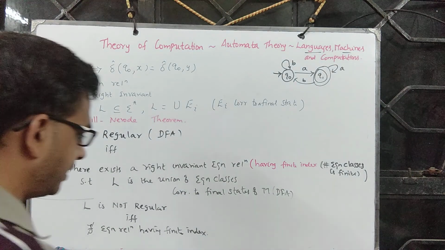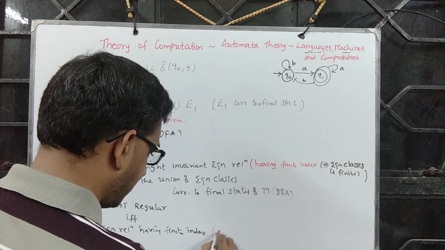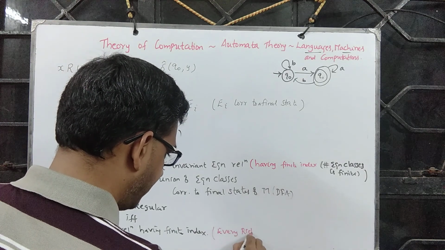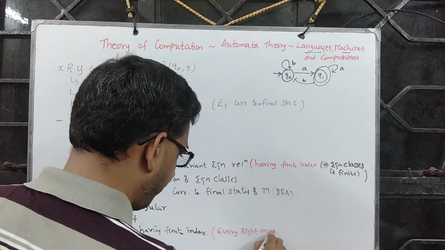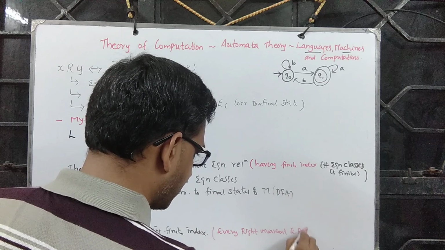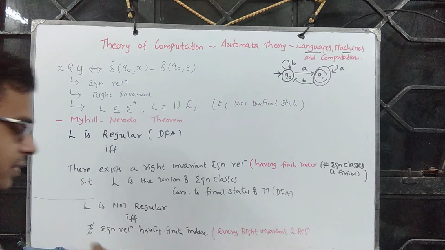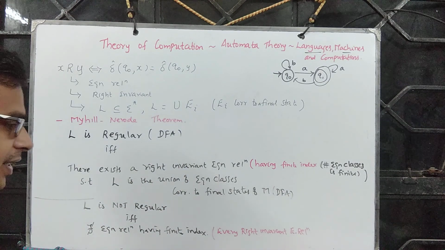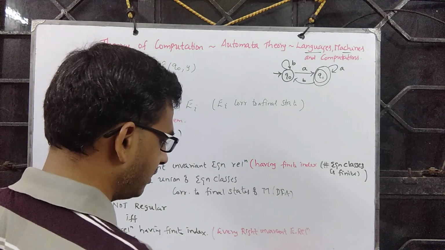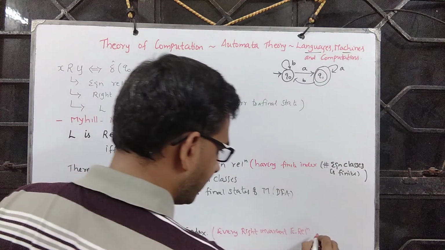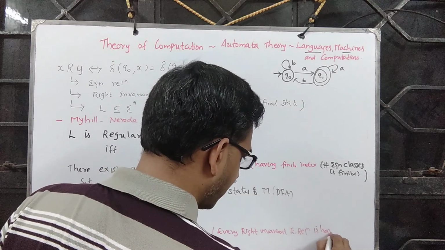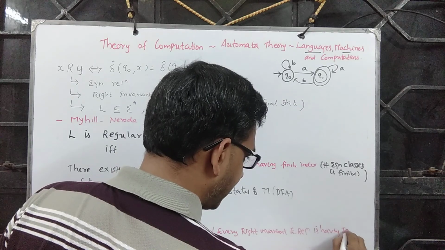What is this telling us? Every right invariant equivalence relation, if you look at any right invariant equivalence relation, has infinite index.